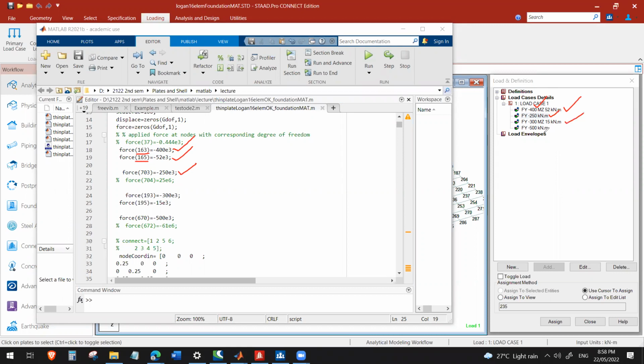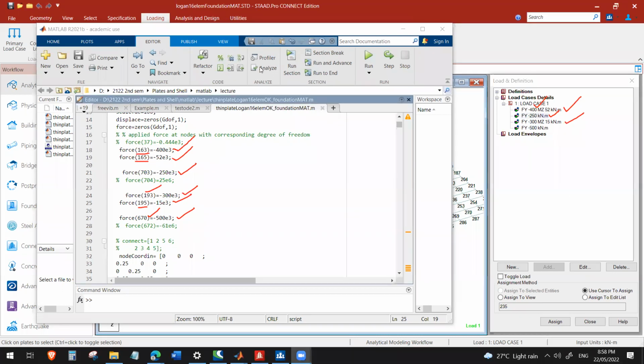This one is 300, applied at degrees of freedom 193, with a 15 kilonewton meter moment applied at degrees of freedom 195. And the last one is 500 kilonewton applied at degrees of freedom 670.